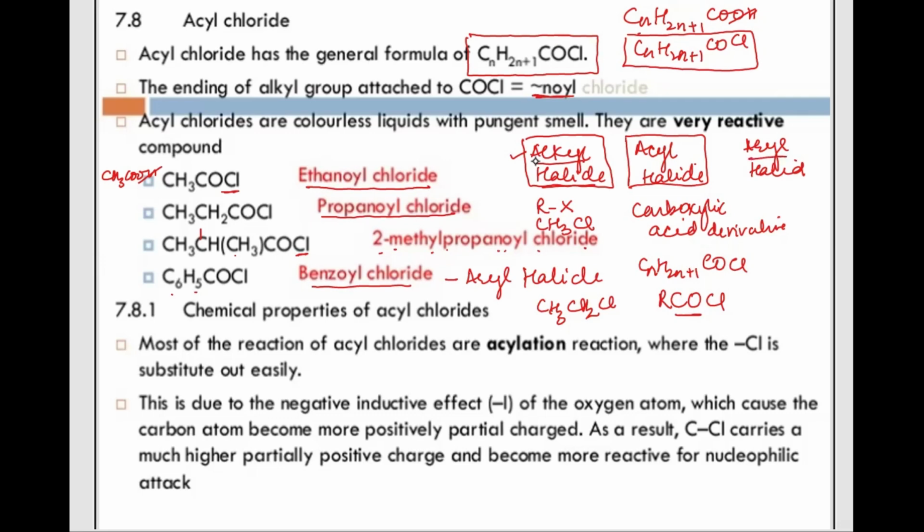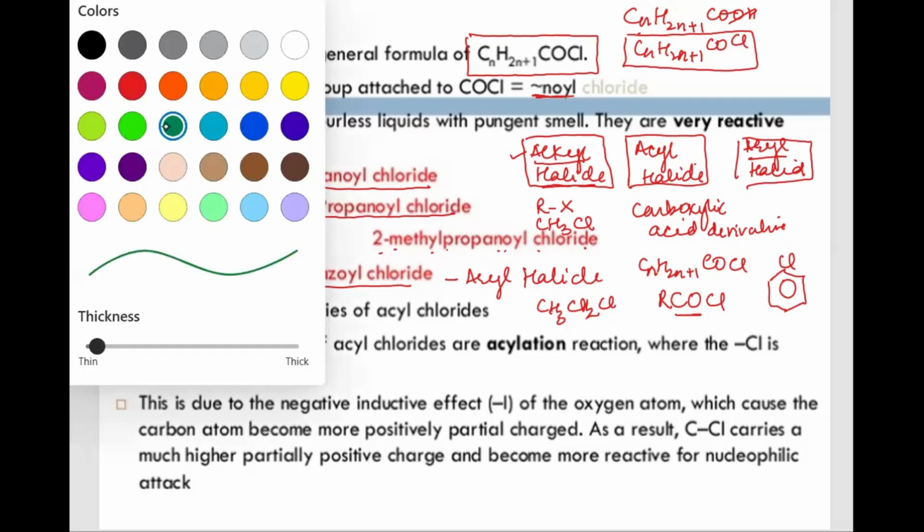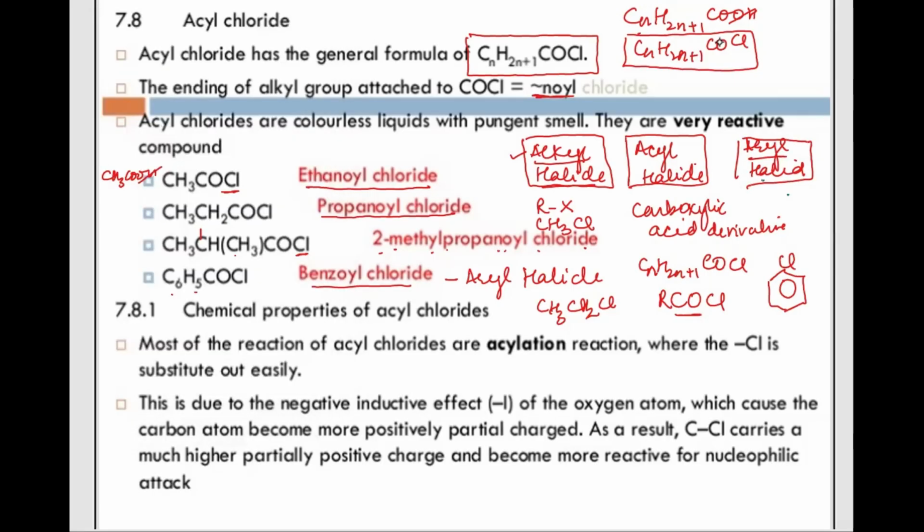Then we move on to the aryl halides. Aryl halides is another category where the benzene ring is attached to the chlorine. Okay, so if we talk about their reactivity, then we say that the aryl halides are the least reactive, followed by alkyl halides, and the most reactive are acyl halides.